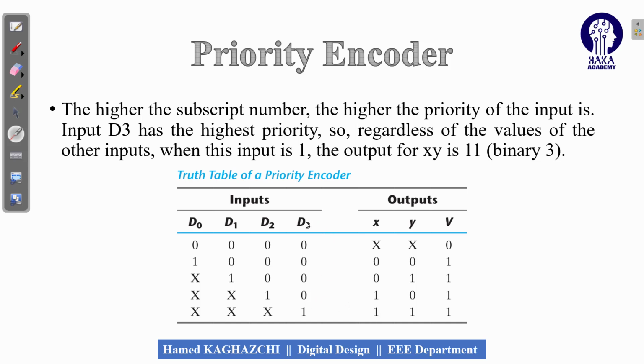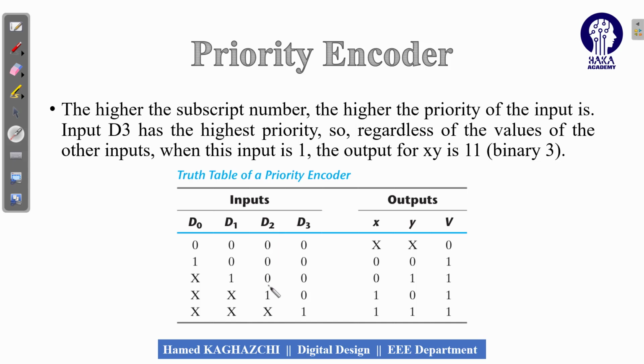Now we say that when D3 is 1, it doesn't matter what D2, D1, D0 are, because the higher priority of the input is this. So here, because D3 has the highest priority, it doesn't matter what D2, D1, D0 are. The output is 3.